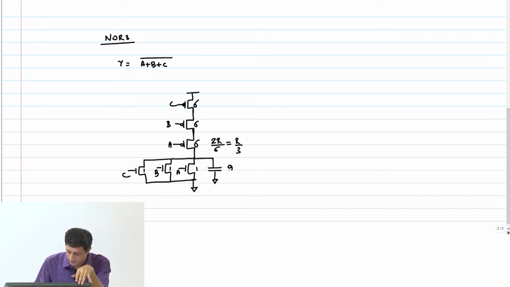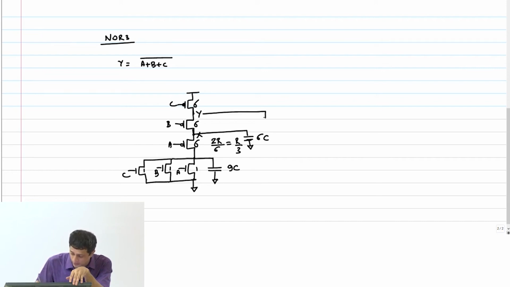So this is 9C. Now what kind of a node is this, node X, node Y? Shared uncontacted diffusion again. So therefore I can put a capacitance of 6C here. Similarly Y, another 6C.